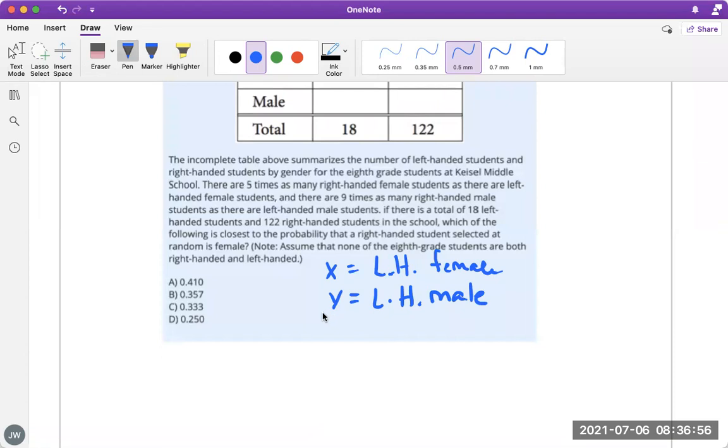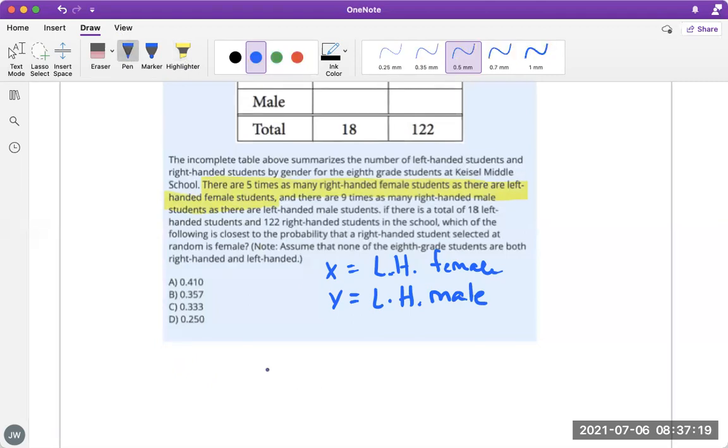So go back to your word problem. In our word problem, I want to highlight this. It says there are 5 times as many right-handed students as there are left-handed female students, right? So we're basing our right hands off of our left hands.